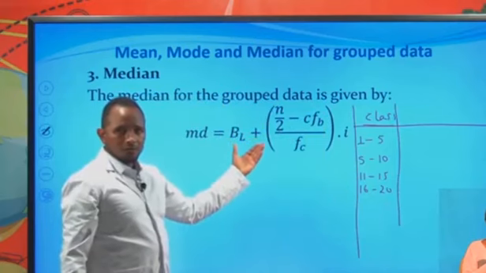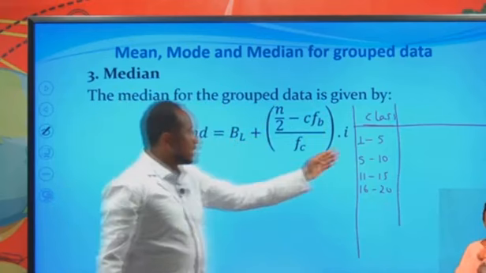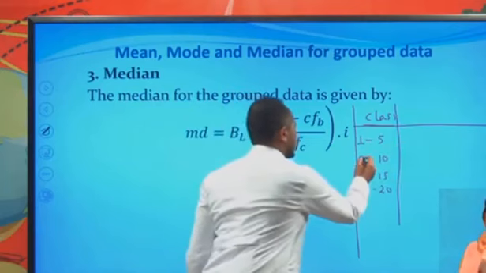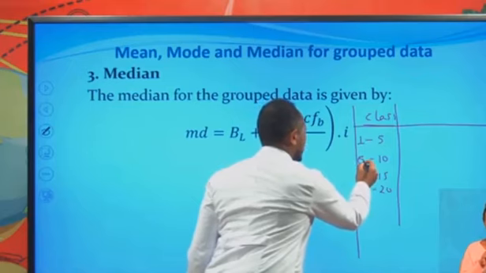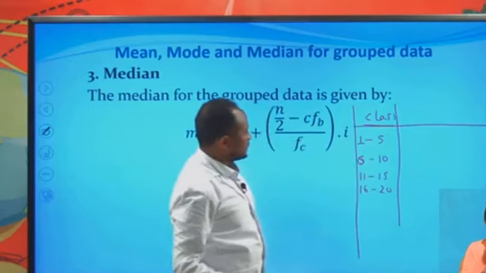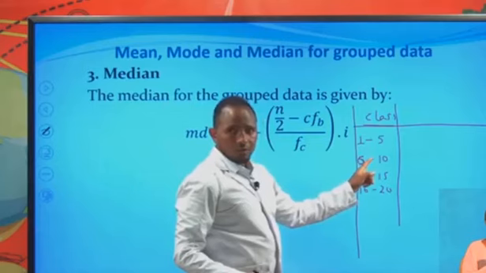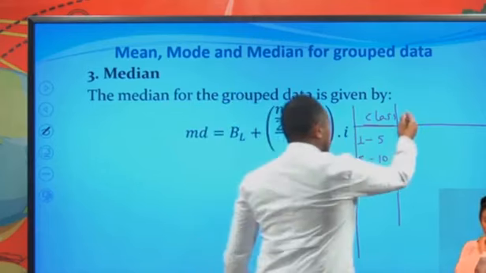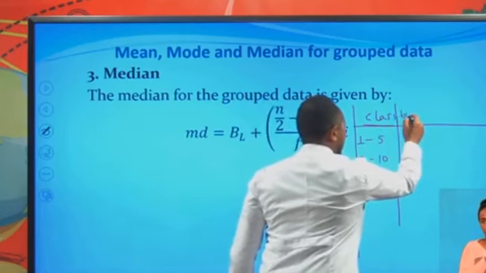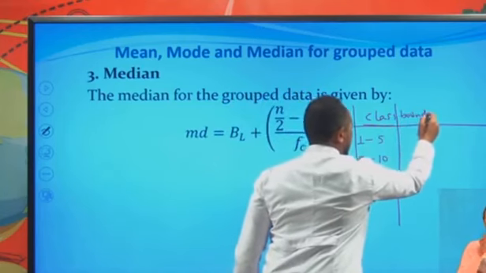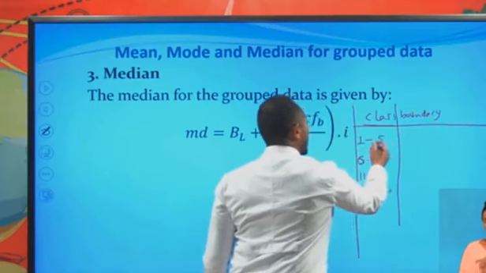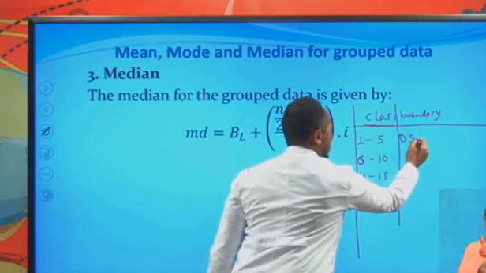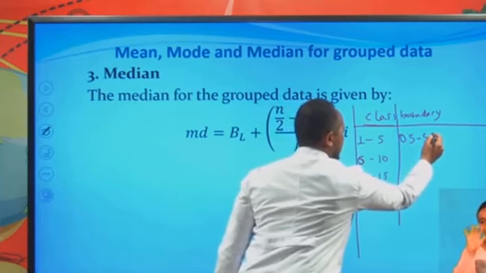To apply this formula we need to find the class boundary. So take the difference between the two, it is 1, divided by 2, it is 0.5. As we did previously, let's find the class boundary. The class boundary is from 0.5 up to 5.5.